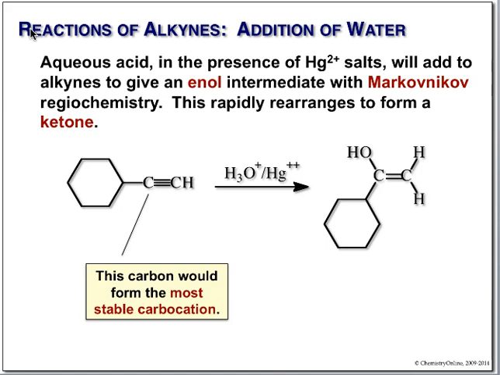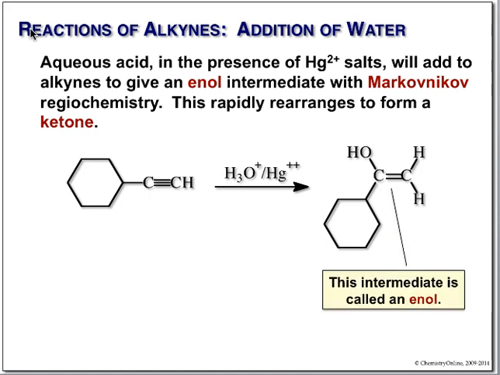The thing that's unusual here, this guy is called an enol. Now the name comes from the fact that we have an alkene, that's the ene, and we have an alcohol, that's the ol. It's an enol.